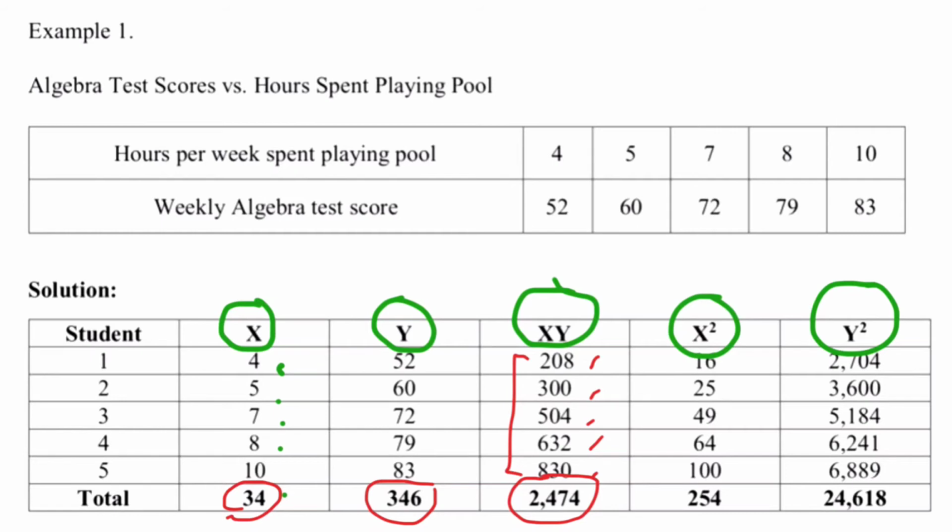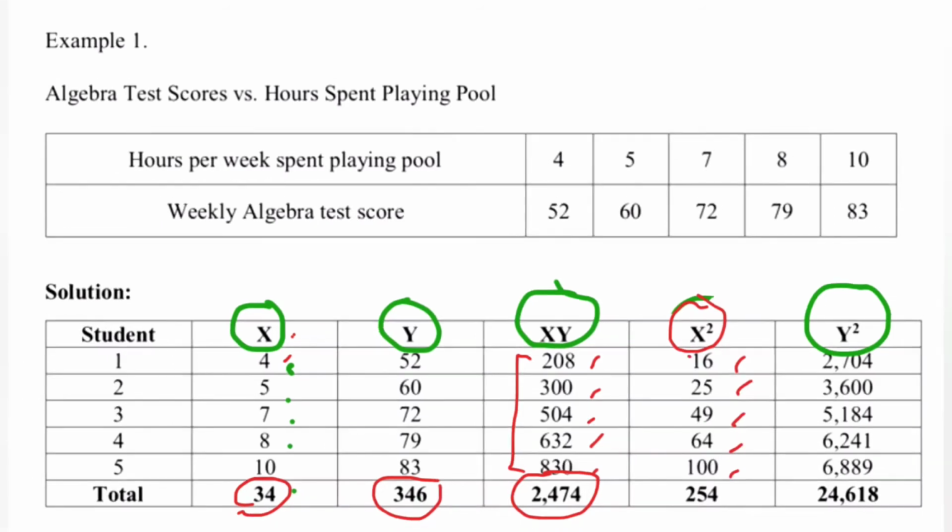We have to square. Basically, squared lang naman natin yung data natin eh. So we have to square the values of x, which is 4 squared is 16, 5 squared or 5 times 5 is 25, 7 squared is 49, 8 squared is 64, 10 squared is 100.